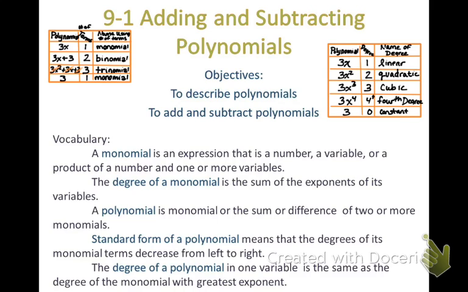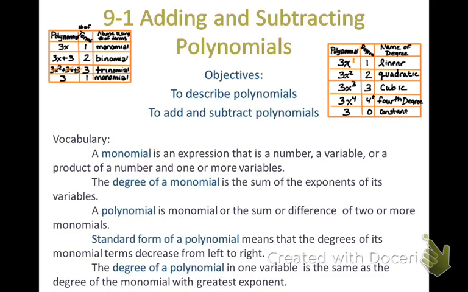If you look on your right-hand side, we have the names of degrees that a polynomial can be. If you have an exponent of 1, and if I can show you right here, it's a hidden 1, it's an exponent of 1. You look at just that, and it's a degree of 1.